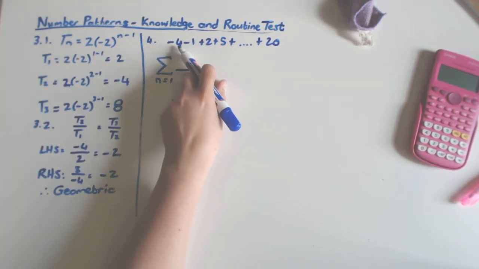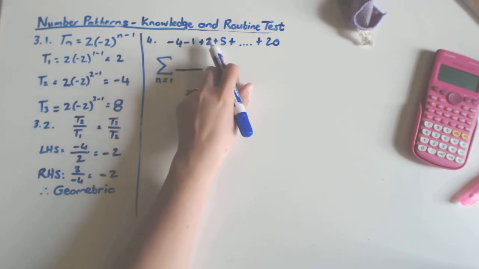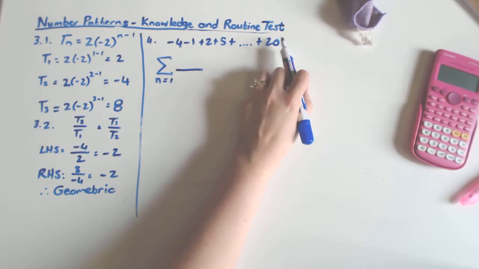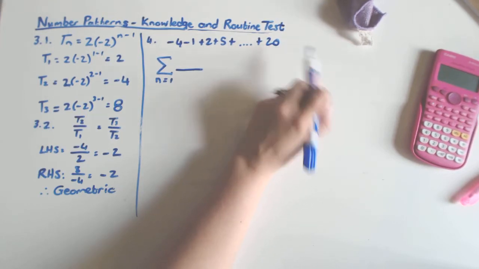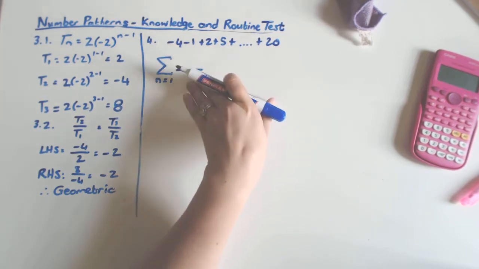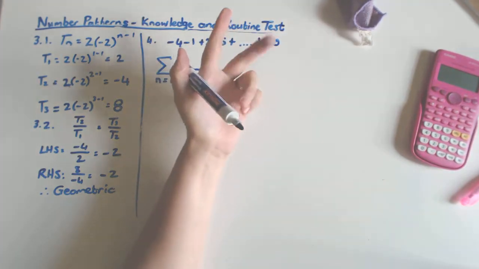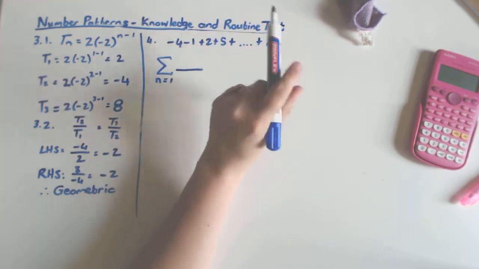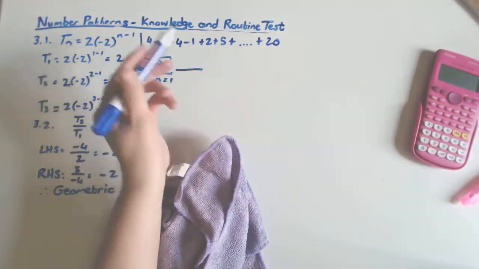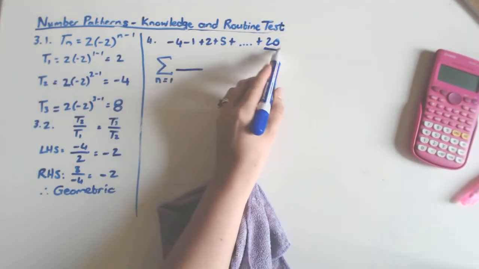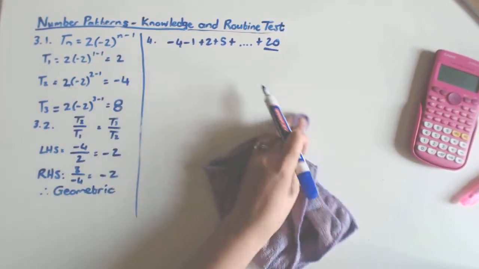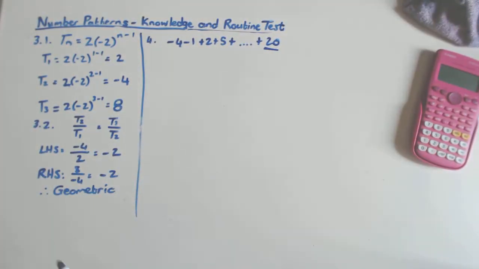Now I can see my n1, n2, n3, n4 here, but I don't know which term is that, so I must just maybe once I have the formula get that. Before I start finding a formula, I must just first always decide, am I working with arithmetic or geometric here? Okay, I need the formula and I need to know what term is this before I can go write in sigma notation. So I'm going to go work that out.